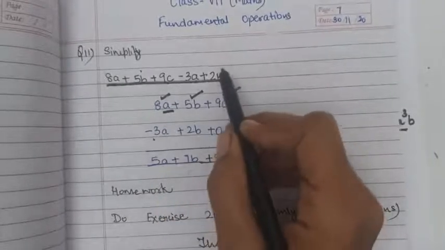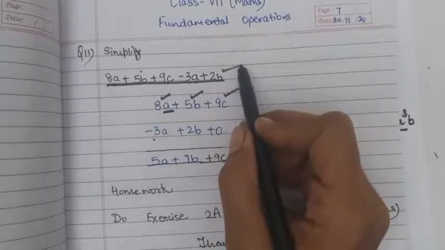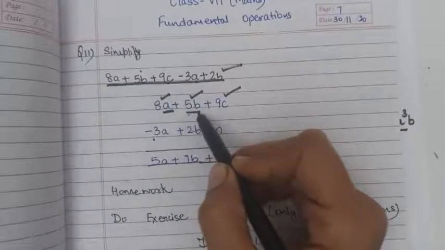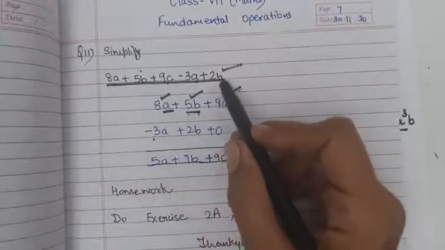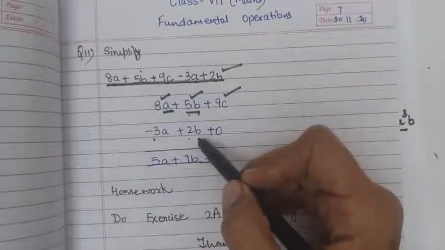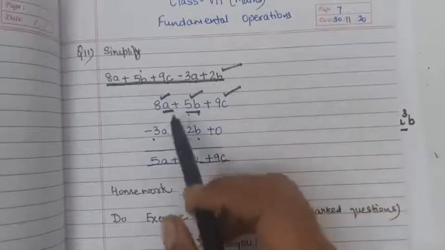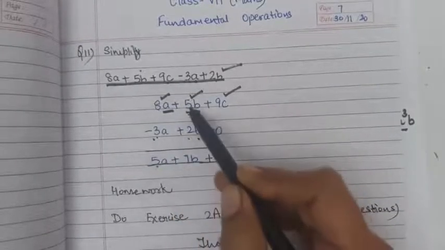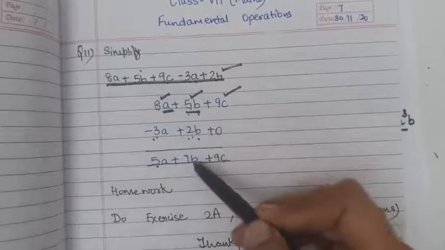Then the term is plus 2b, and there is also a term containing b, so plus 2b I will write here. Now 8 minus 3 is 5. 5 plus 2 is 7.